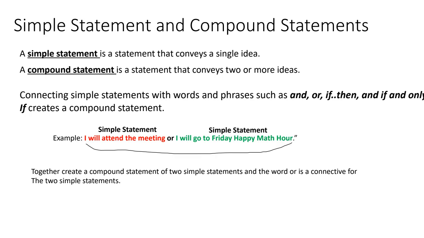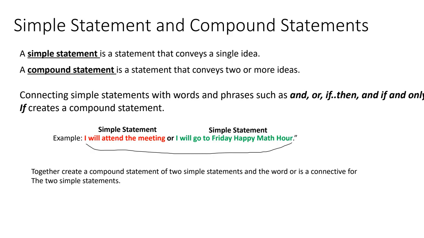One says, I will attend the meeting, and the other one is, I will go to Friday happy math hour. I could connect them by using the or, which makes a larger statement. If I read it all together, the compound statement would be, I will attend the meeting, or I will go to the Friday happy math hour.